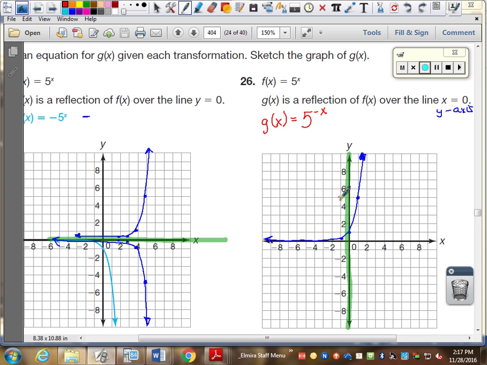So 1 square, 1 square. Stays right on there. 1 square, 1 square. Okay, so you should have 2 functions drawn on every graph, even though your example problem only showed 1.